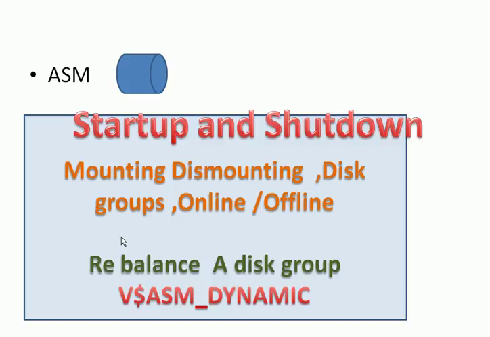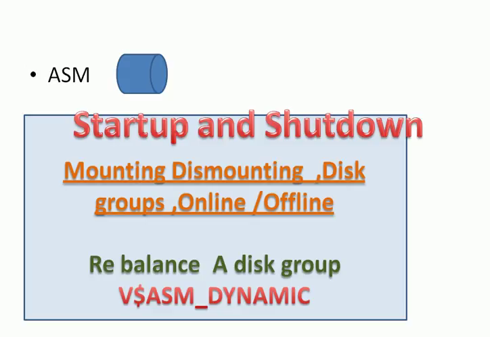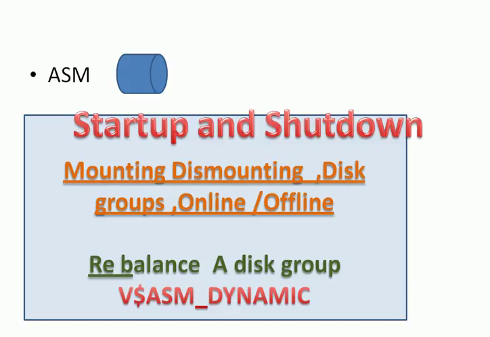Additionally, I can fire commands for mounting and dismounting disk groups, or making a disk group online and offline. I can also give commands to do rebalancing of a disk group. For example, I have added a disk and I want a rebalance to occur.